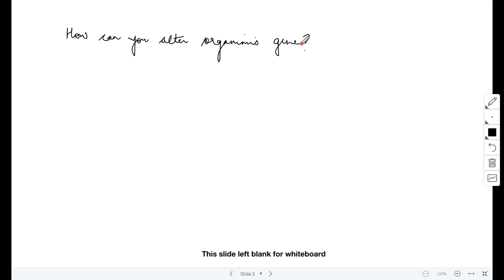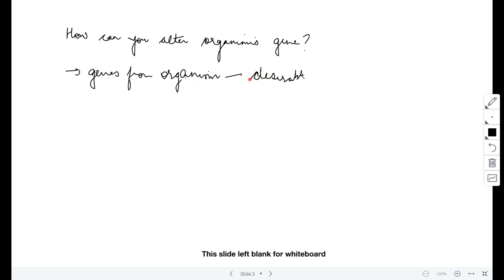Now, if you want to create an organism which should have the desirable characteristics, the first thing is the scientist is supposed to take the genes from the organism that shows the specific, desirable characteristic.